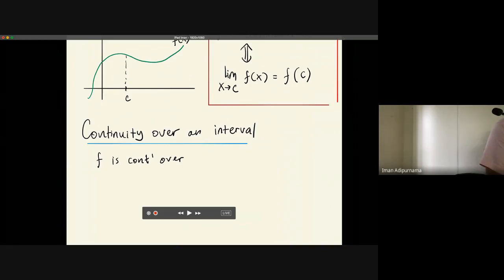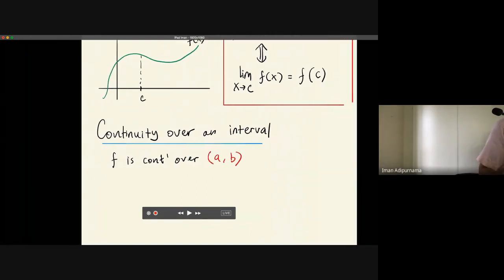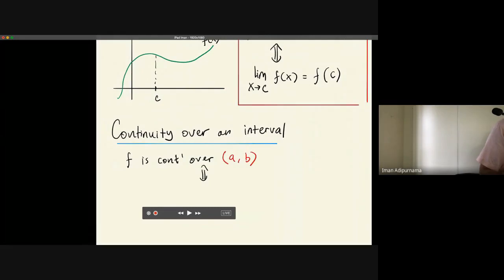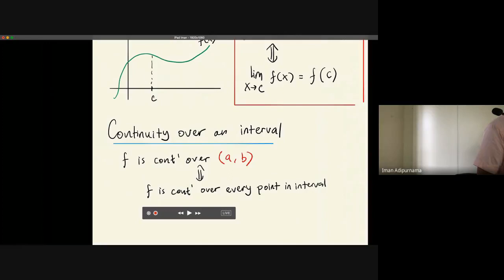Let me write a, b in red. So this is the first case, the open interval.